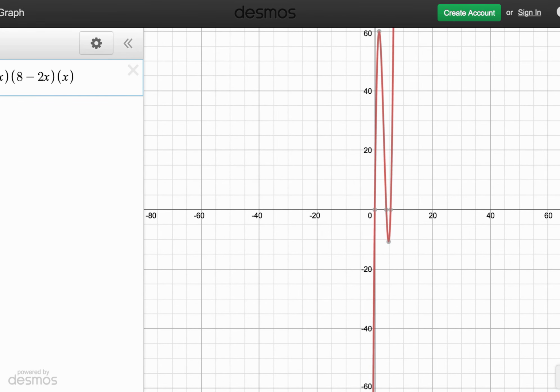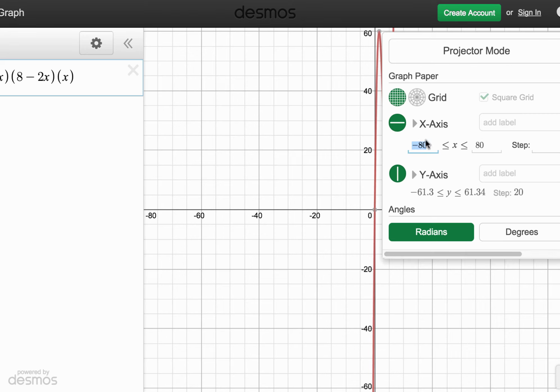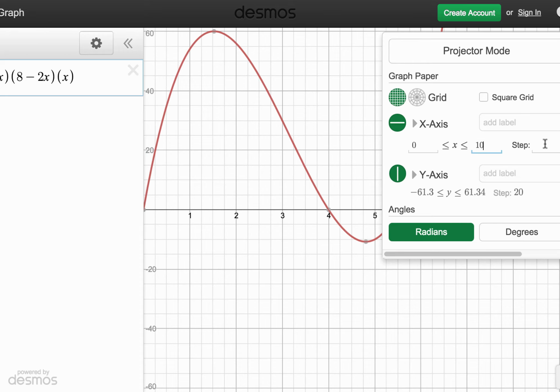And I'm going to rearrange my settings so I get a nice picture of this. So I'm going to come here to my settings, and my x-axis, I want to go from 0, and it looks like, to 10. And I'm going to step by 1. That means I'm going to increase by 1.